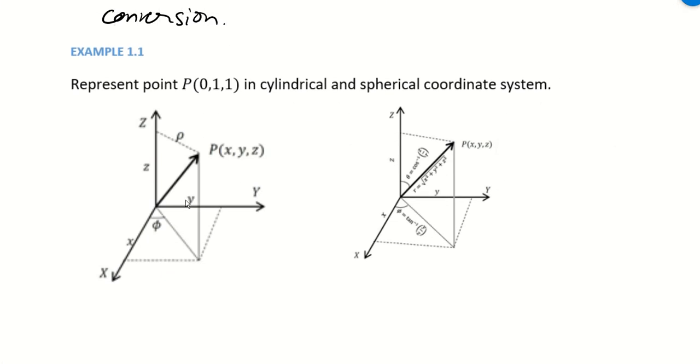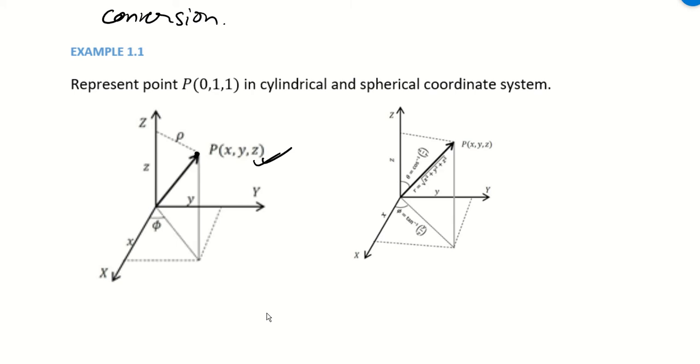See, you already had a point represented like P equal to x, y, z. What we found out is that in cylindrical coordinates, rho will be the root of x square plus y square, phi will be this angle, and z will be this. So how we will represent this, we will try to find out.